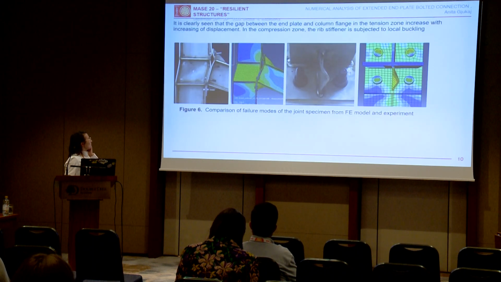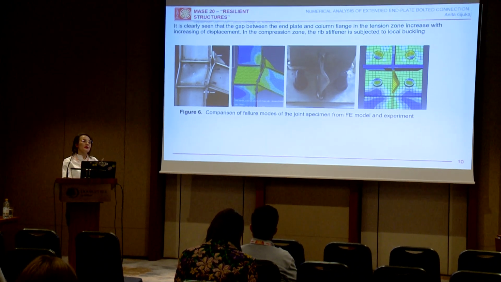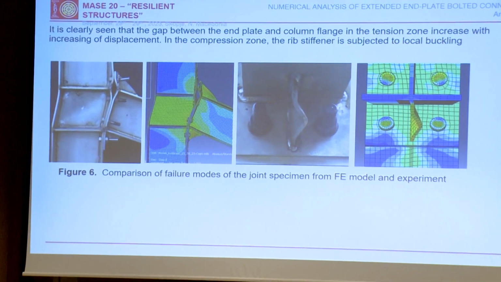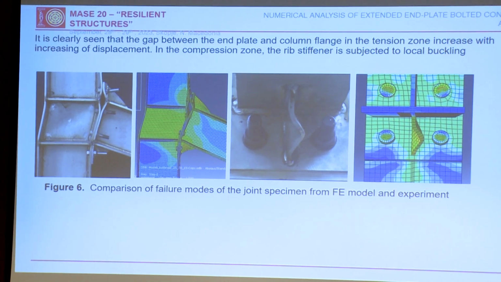Moving forward to the failure modes, it is clearly displayed in Figure 6 that with the increase of displacement, the gap between the column flange and the end plate increases. Also, it is clearly seen that the rib stiffeners in the compression zone have local buckling.